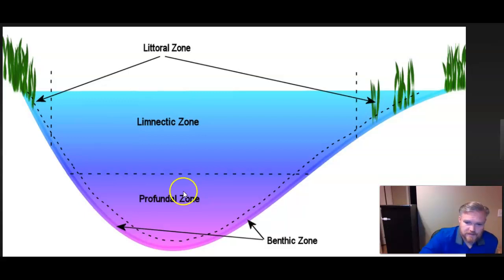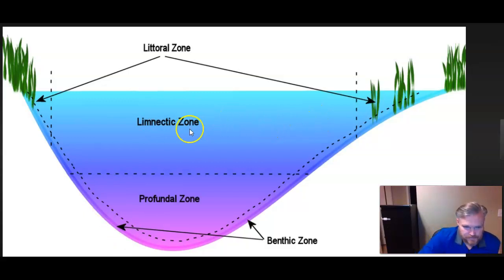Typically it's called low in oxygen, those types of things. Then the benthic zone is, like I said, the bottom, so it's the actual substrate that is the bottom of the lake, and it extends from the littoral zone all the way through the entire lake, including all the zones. So that should be the lake zones.